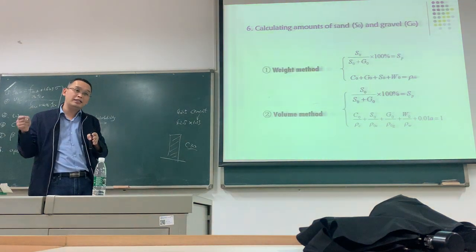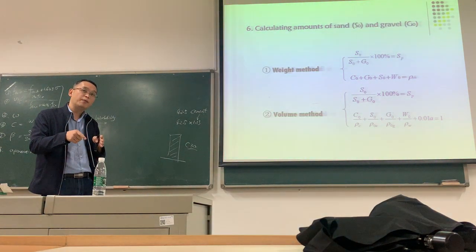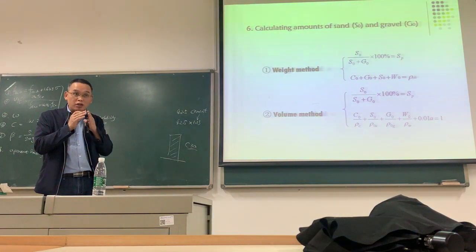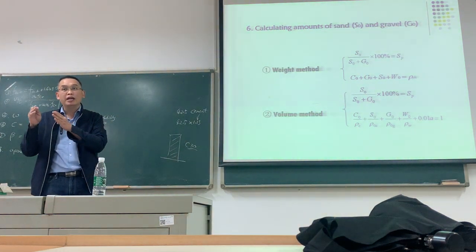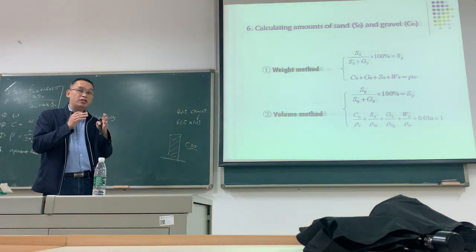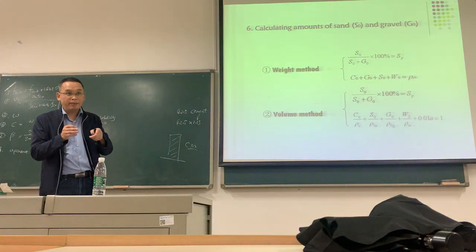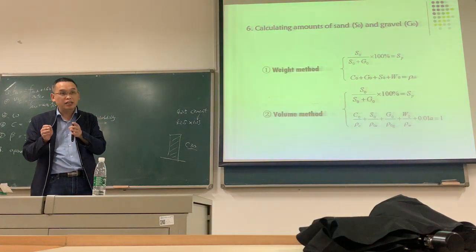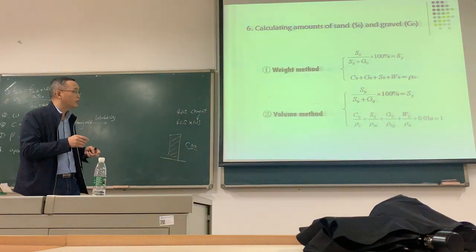We need to keep the water-binder ratio and keep the sand ratio. But we can change the amount of cement paste and change the amount of the aggregates, including the sand and the gravel.